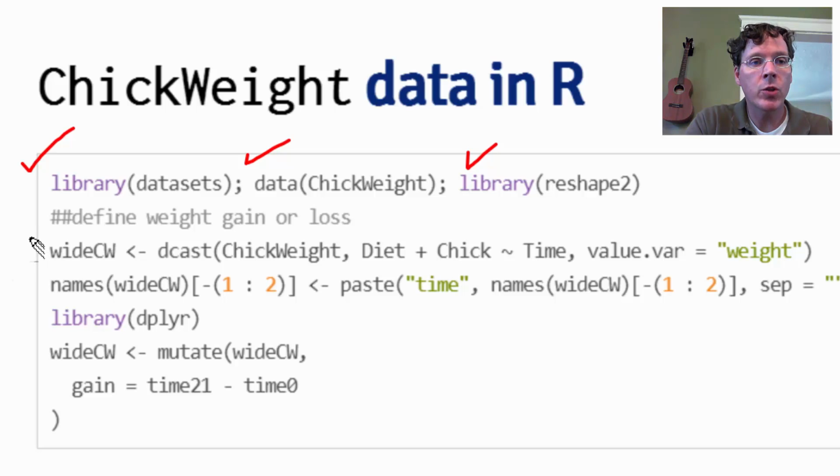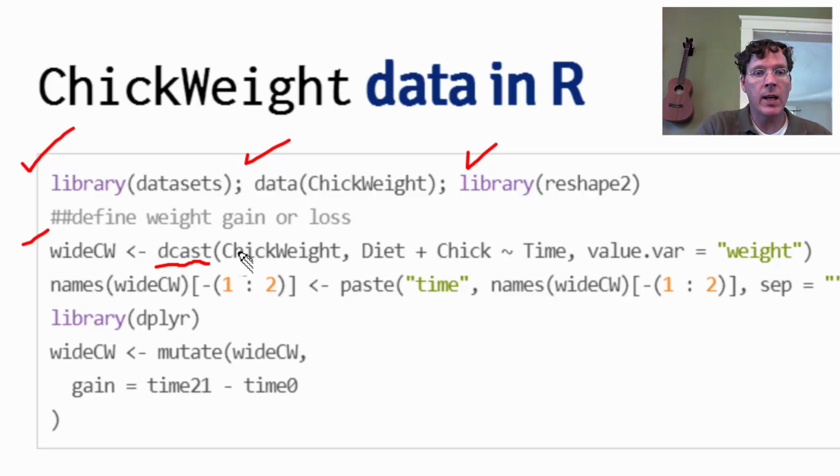The chick weight data comes in a long format, so it's the chicks lined up in a long vector. If you want to take that long vector and make it wide, so that there's one column, say, for each time point that we measure the chick, then you want to do something like dcast, which is a function in the reshape package.